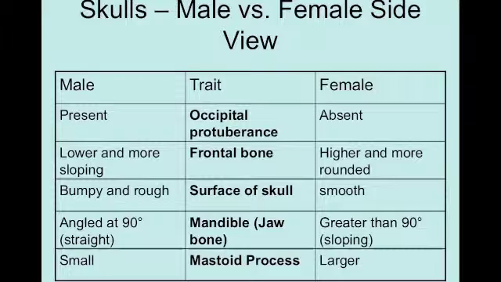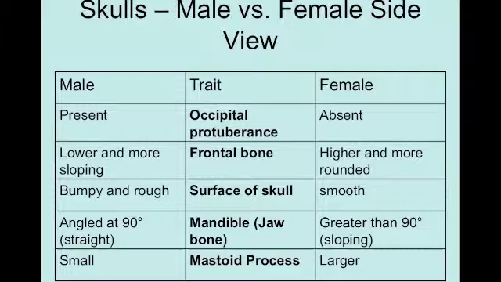The mandible, again, your jawbone, from the side. If you feel straight down from your ear, you can feel the edge of your mandible. If it's kind of straight up and down at a 90 degrees, it's male. If it kind of slopes backwards towards the back of the head, it's usually female. And if you feel right behind your ear, there's a bump there.